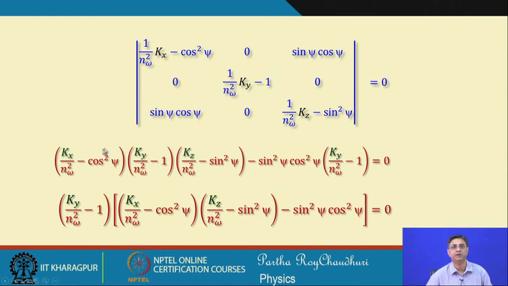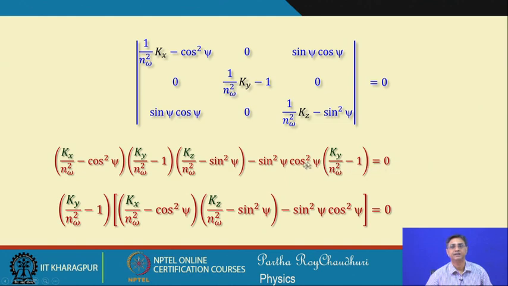So, that is what I have written, k x by n omega square minus cosine square psi, and this. So, this into this I have written, and there will be one more value, that is for this into this.